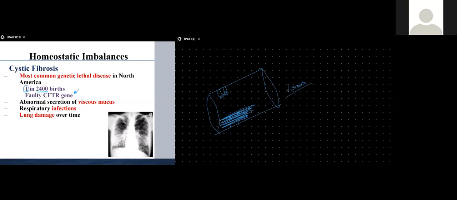And if I fail to move this thick mucus, this mucus remains for longer in my airways. And who loves stasis? If I have stasis, bacteria. So the bacteria will find this mucus a favorable medium to replicate, to grow.